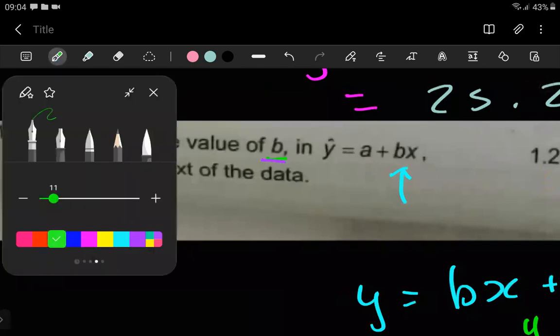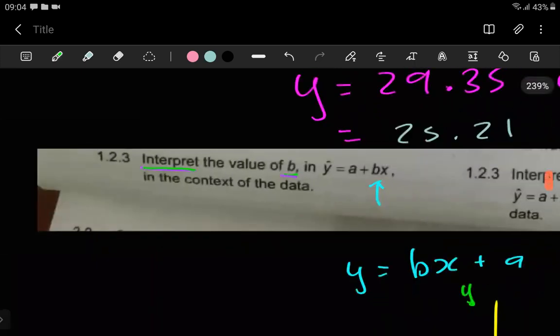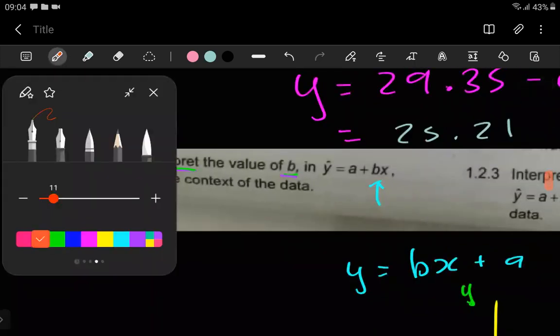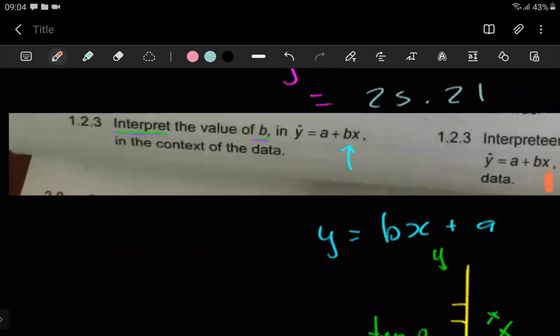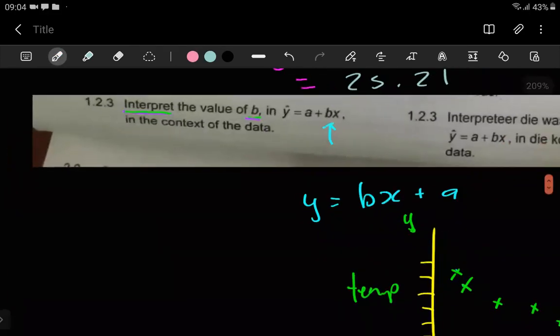So with all this being said, those are the words we can use.